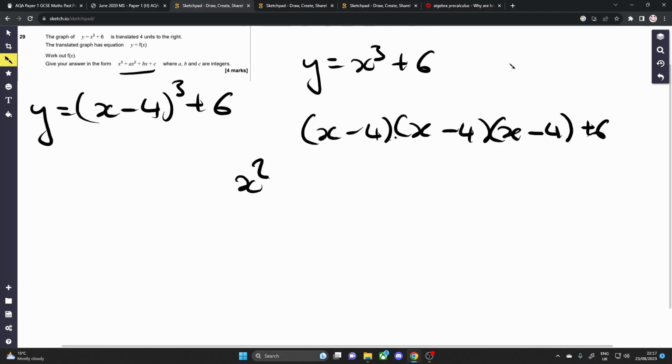So x squared, x times x, and then x times minus 4 is minus 4x, and then onto the minus 4, minus 4 times x is minus 4x again, and then minus 4 times minus 4 is plus 16. Okay, and then we have the other, and I just stopped there because it's too hard doing all of it at once.